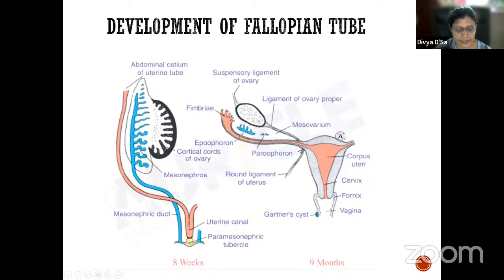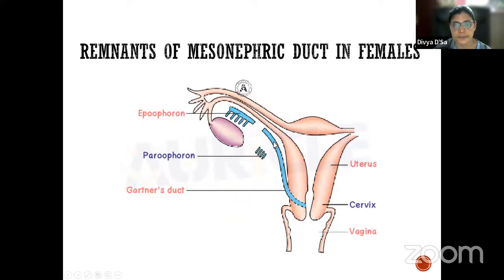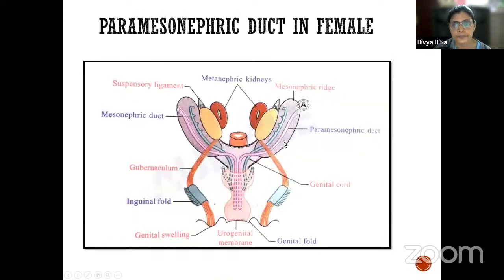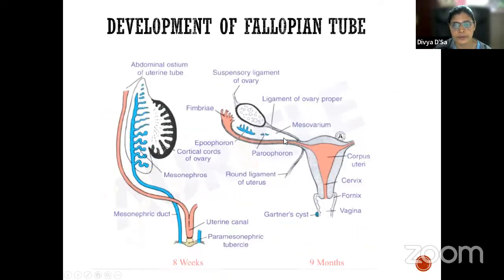The cranial part, the vertical part and the middle part all form the middle horizontal part, and all of it forms the fallopian tube. This fallopian tube will elongate and become tortuous.